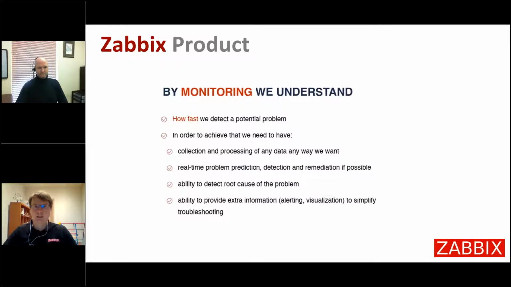And if we're talking about the purpose of monitoring, it's definitely known to everybody, but first it's to understand what's going on in your infrastructure. It is to prevent potential situations where you'll have either performance or availability issues.